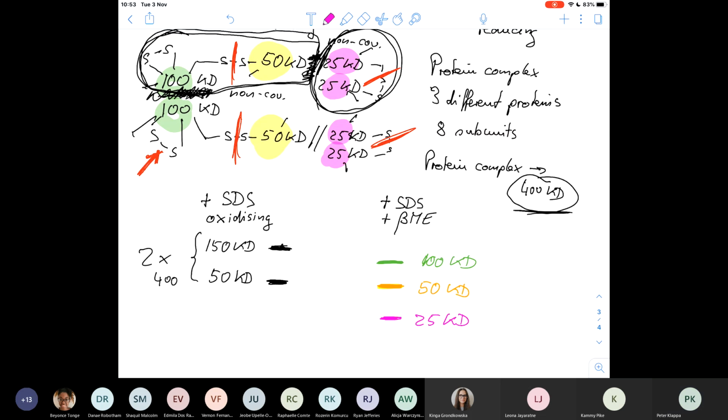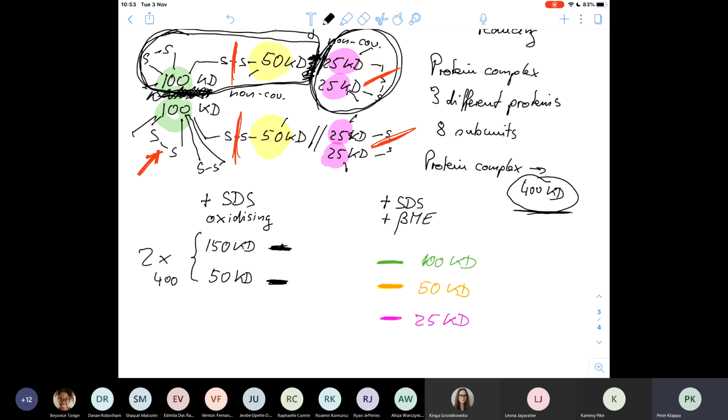Now, if you mean there is, for example, a second disulfide bond in the 100, actually it doesn't make a huge difference. It will still stay as a 100 kilodalton band.